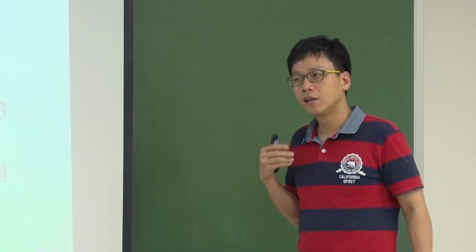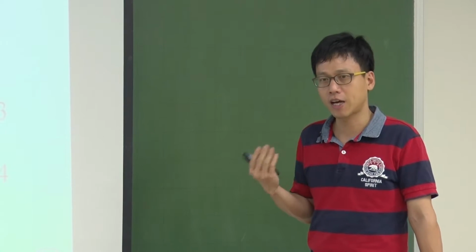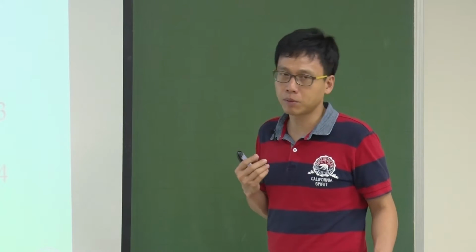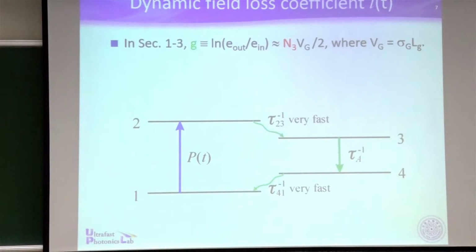We need to take care of the time evolution, a function of time. This property has to be preserved. But the central issue of this part is the dynamic field loss coefficient. Okay? Very much like what we have seen in section 1-3.